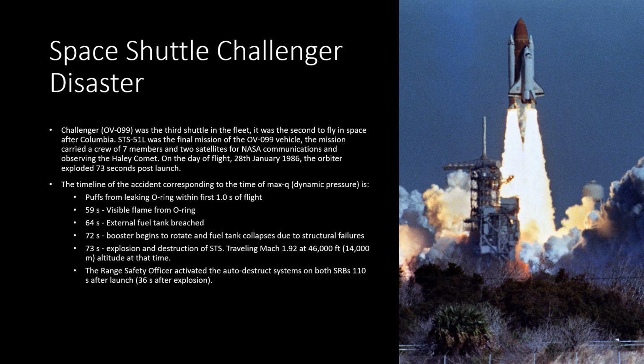At the 64th second, the external fuel tank breached. On the 72nd second, the booster begins to rotate and the fuel tank collapses due to the structural failures. On the 73rd second, the explosion and destruction of the STS, traveling Mach 1.92 at 46,000 feet altitude at the time.